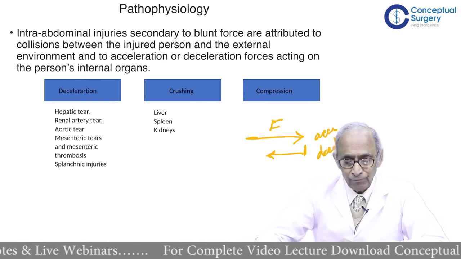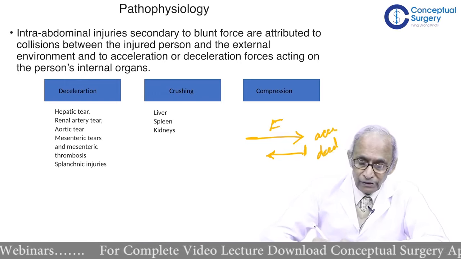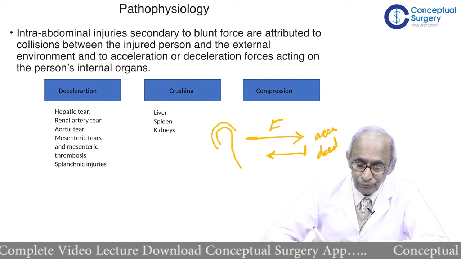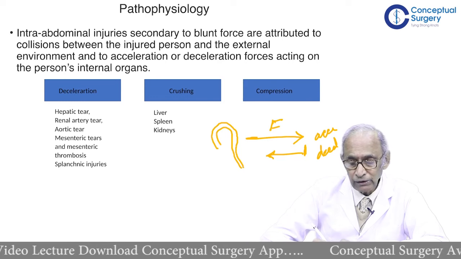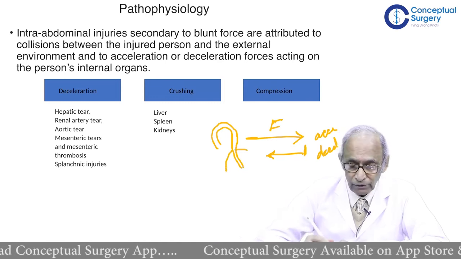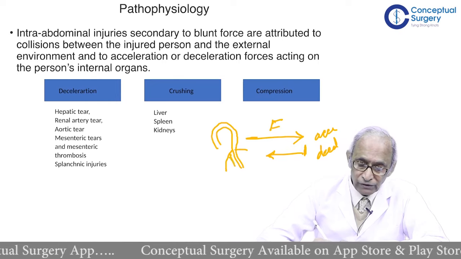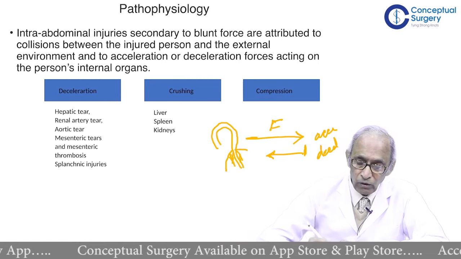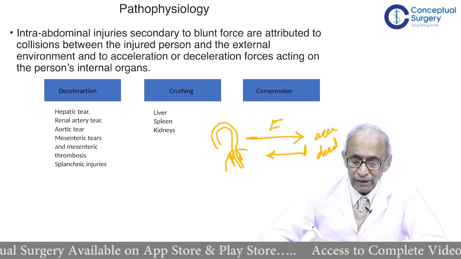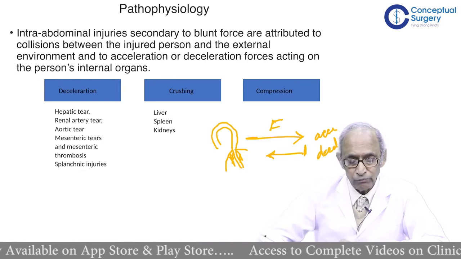For example, the arch of the aorta is relatively more mobile than the thoracic aorta, which comes through the diaphragm and comes down into the abdomen. So this area is almost fixed, while this is relatively mobile. So when there is movement, there is a tendency to tear here, causing aortic ruptures.